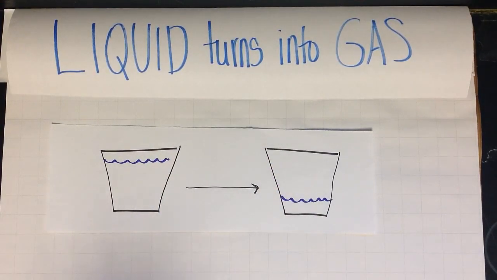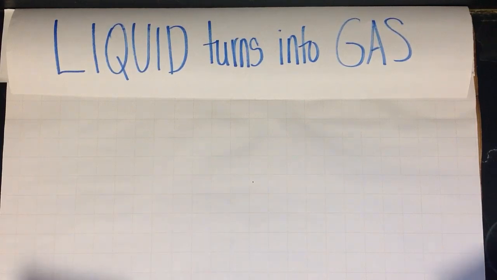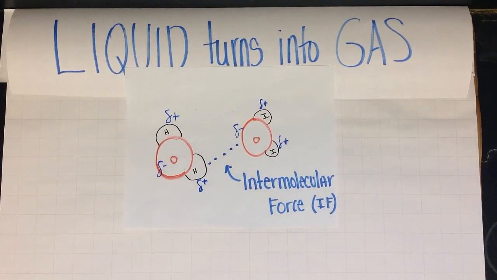And eventually, over time, more and more of those molecules can make their way out of the glass or the beaker. Okay. So, just another review is that the only way liquid can turn into a gas is if those intermolecular forces that we talked about previously in the other video are broken. So don't forget about those intermolecular forces.